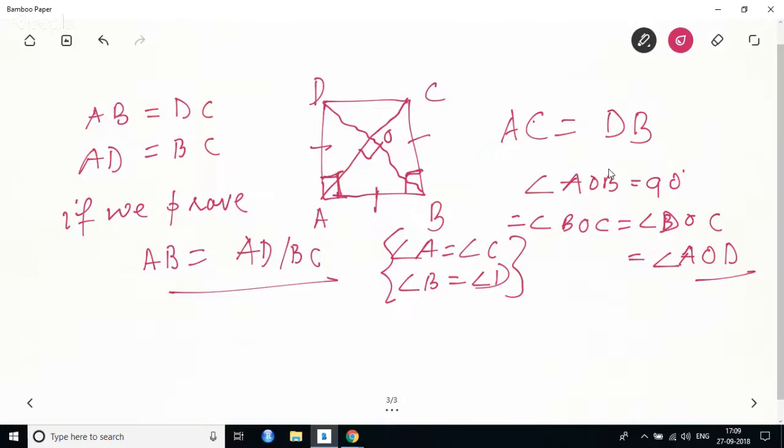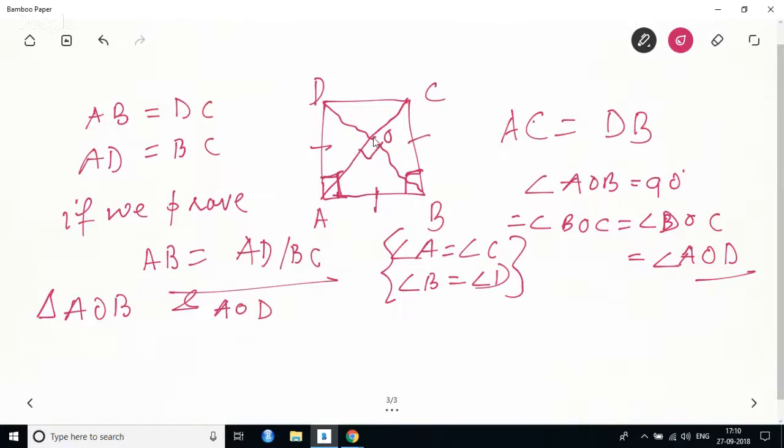First thing first, if I have to prove that sides are equal, what should go in my mind? The first thing should be I have to prove congruency somehow. So let me take triangle AOB and triangle AOD.